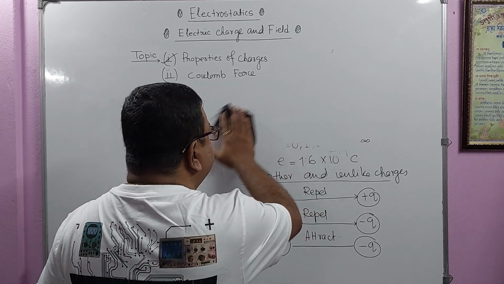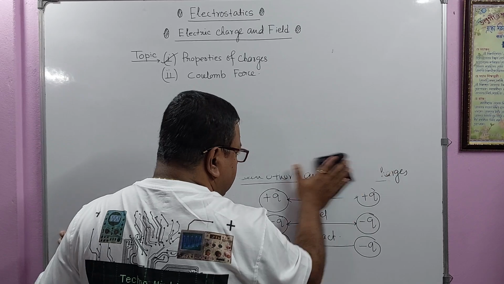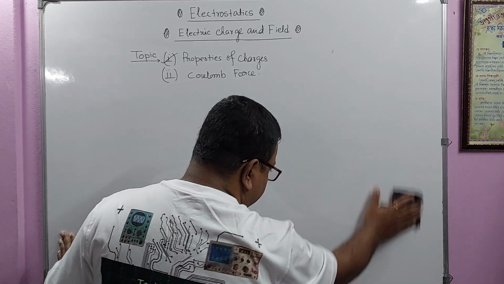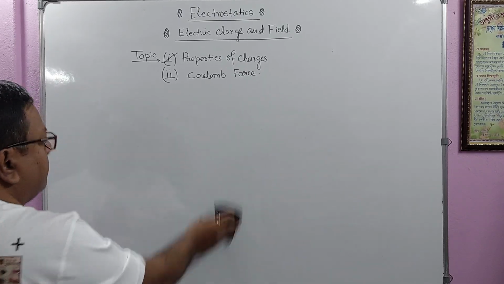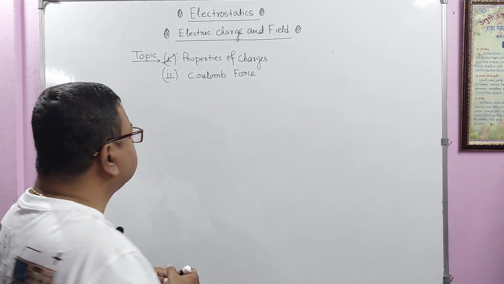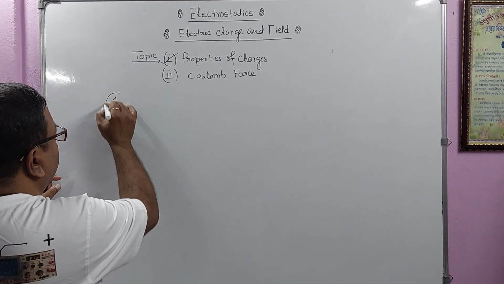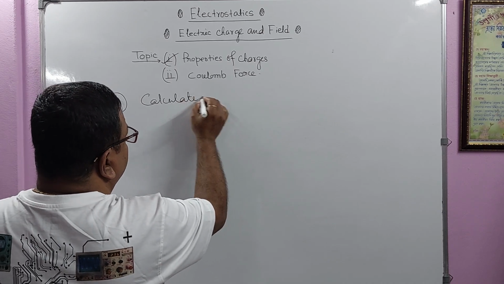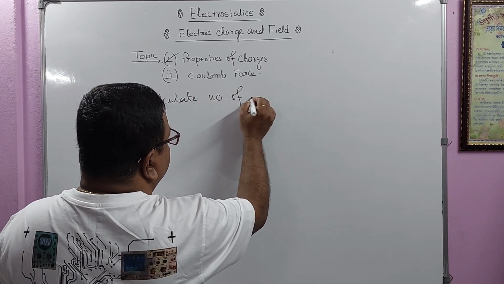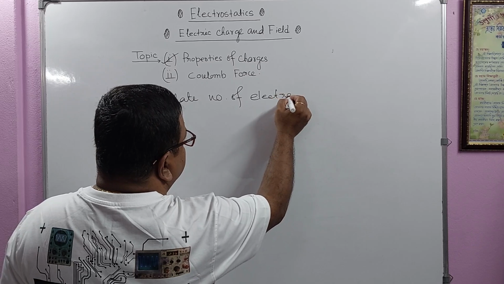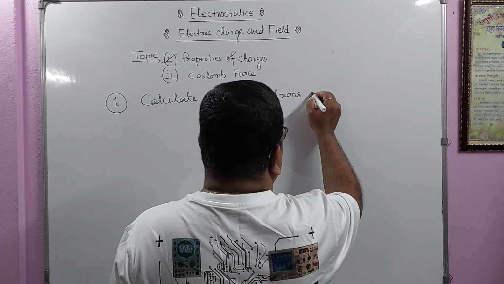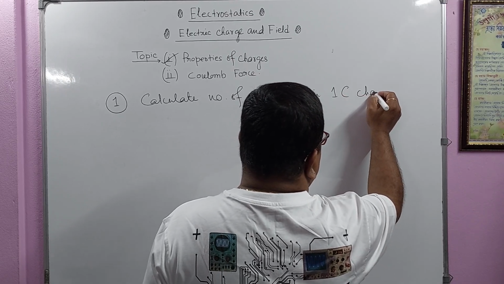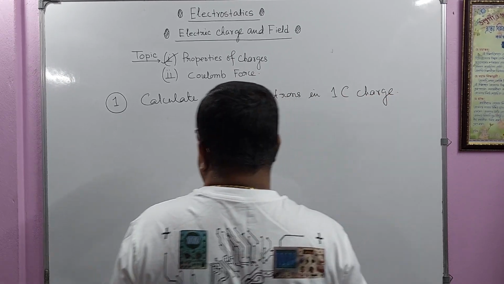So our task is to calculate the number of electrons in 1 Coulomb charge.